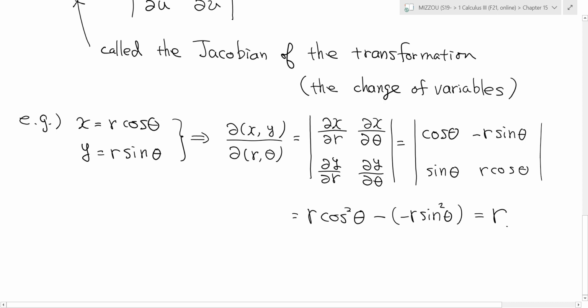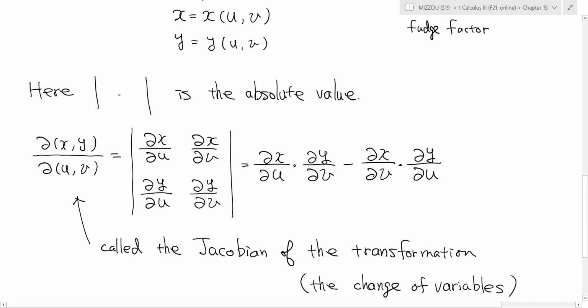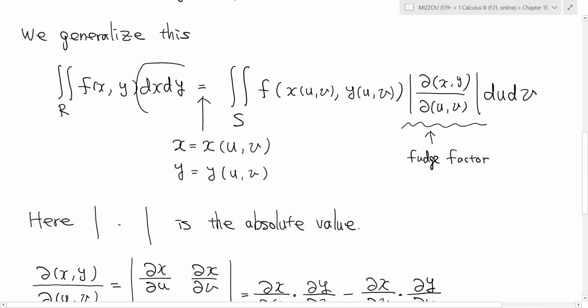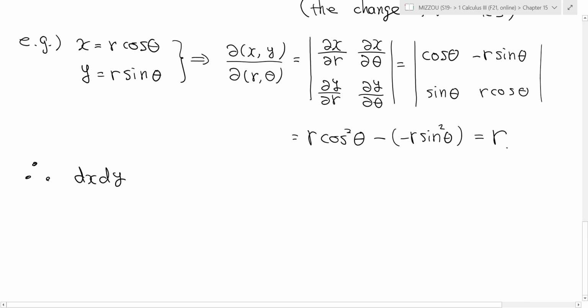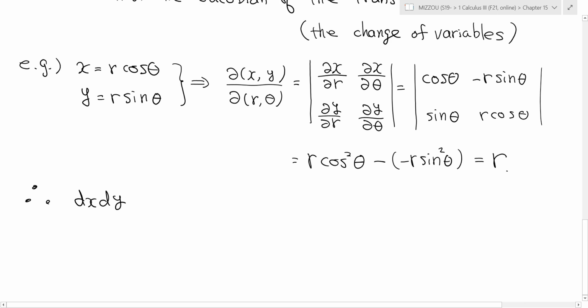So therefore, dx dy, according to this rule, becomes the absolute value of the Jacobian times du dv, but in this case dr d theta. Okay, this bar is for the absolute value, and this bar is for the determinant. So those have two different meanings.